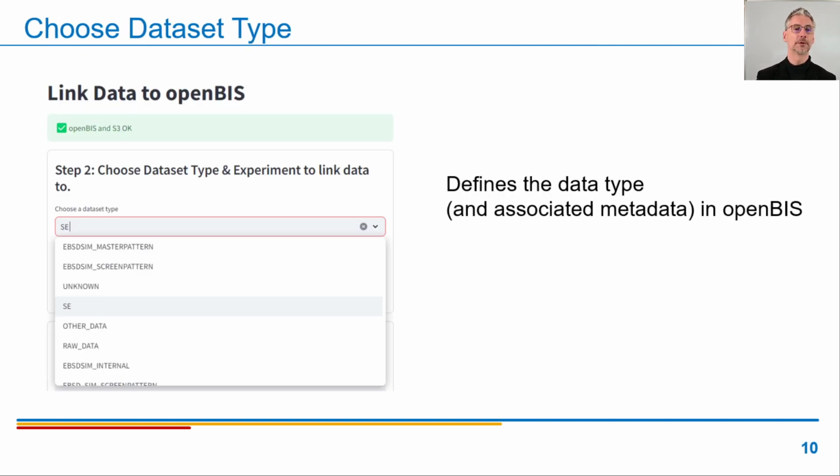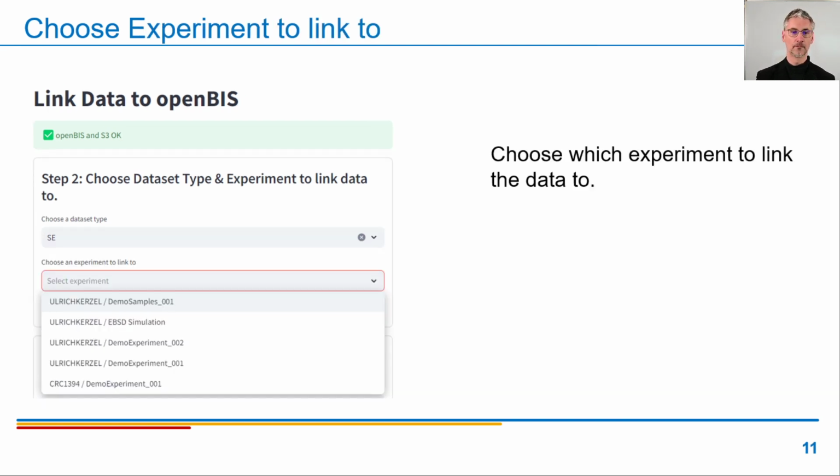For example, you choose your dataset type, right? So in this case, we choose an electron microscope image, SE, and we choose our experiments. As I said before, once you log into the tool, it will query OpenBIS and give you a list of all the experiments that you can link your data to.